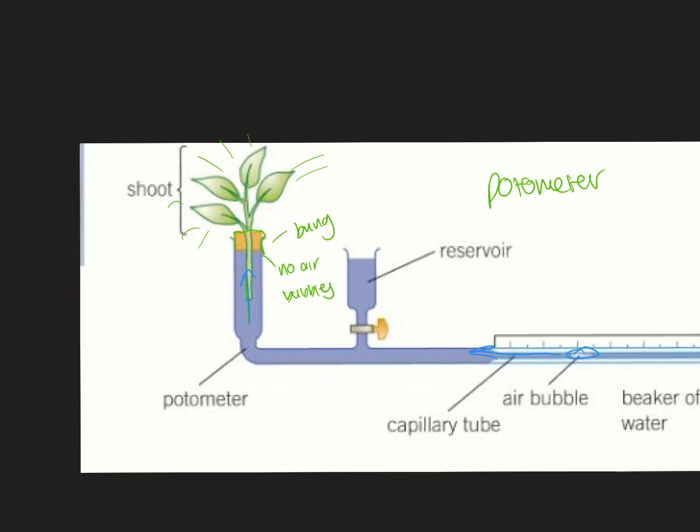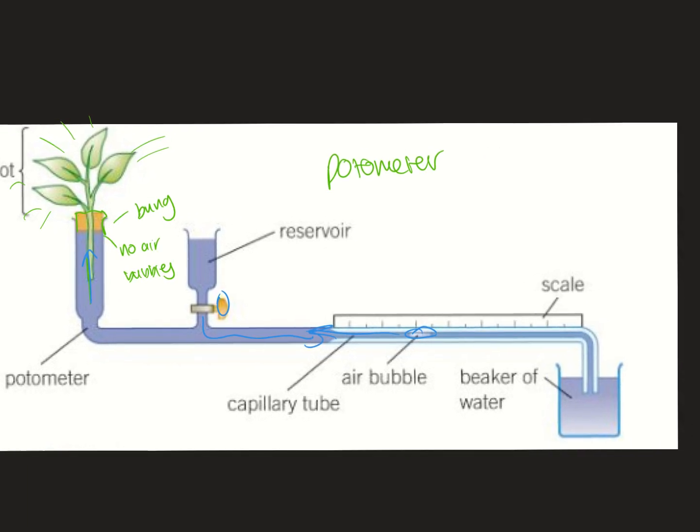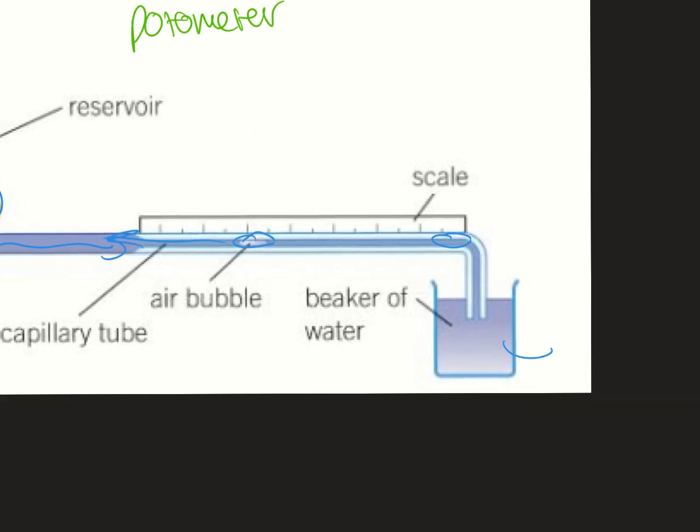Then we would repeat this experiment, talking about repeatability, reliability, accuracy, and all of that, by releasing the water in this reservoir. This reservoir would push water only this way because this area is already full. We would keep on doing this till the bubble reaches the beginning of the scale. The beaker of water is supposed to replace any water lost.